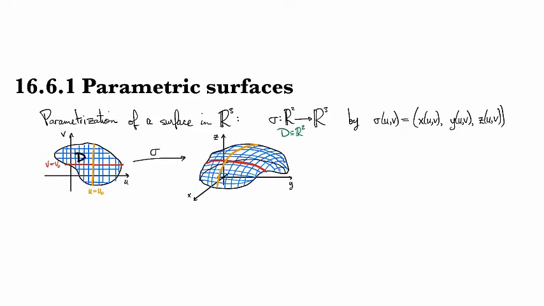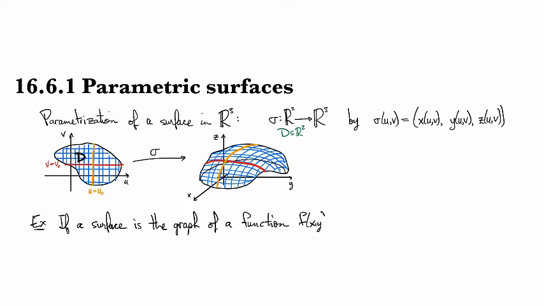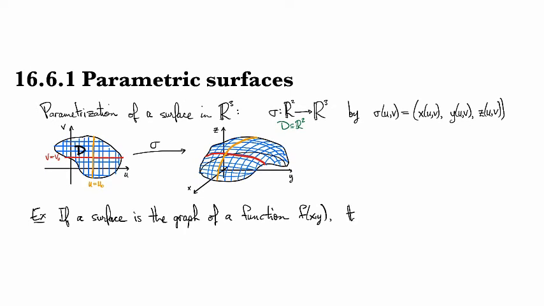So now if we have a function and we want to look at the graph of it, so if a surface can be understood as the graph of a function, then there's a natural parameterization.